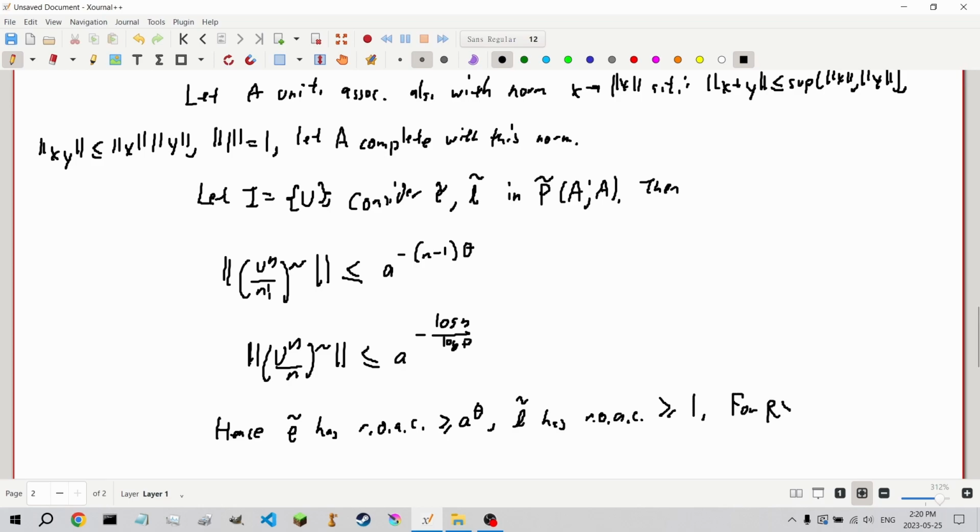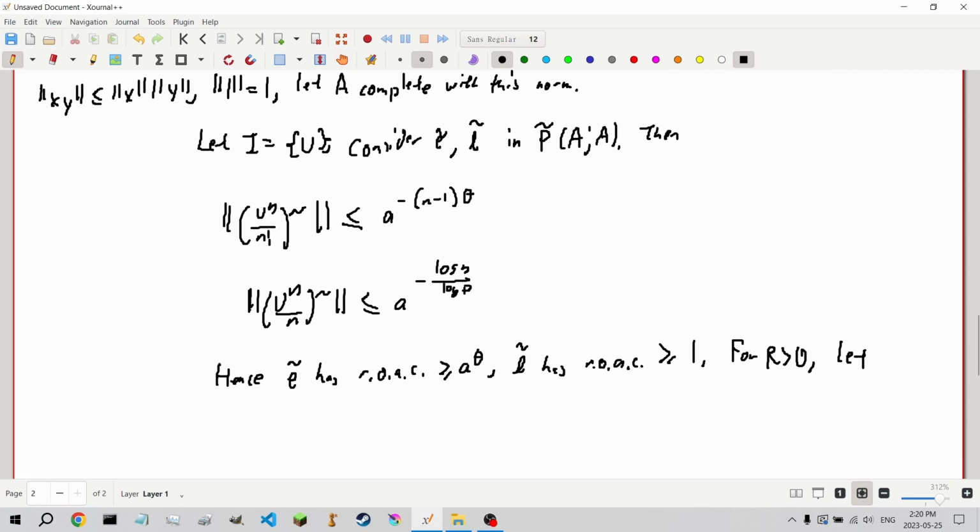For a positive R, let G sub R be the set of x in A in the ball of radius R, and we pick G as our G of theta.